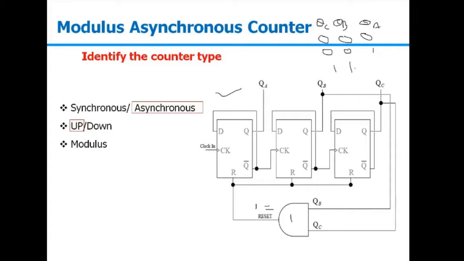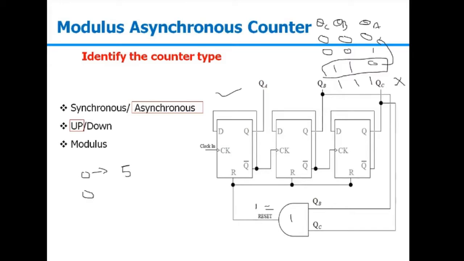Right? So when both are 1 1, we have two combinations, 1 1 0 and 1 1 1. So it will be a mode 6 counter because it will be reset at this instant only. For an up counter, the later instant will come much later; before that, as soon as this input is received, it will reset. So it is a mode 6 counter. It will be counting from 0 to 5 only, till 101.